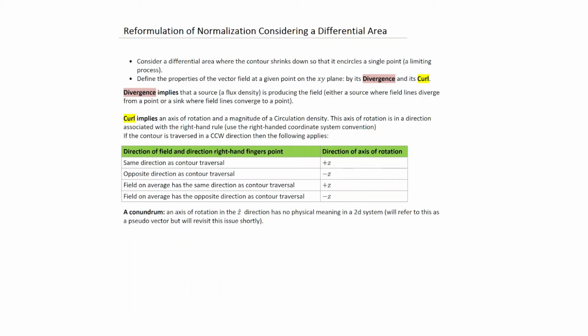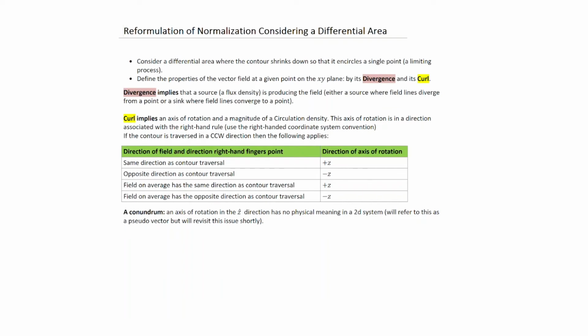On the other hand, if it's opposite to the contour traversal, then the axis of rotation is in the minus z direction. If the field on average has the same direction as the contour traversal, the axis of rotation is in the plus z direction. If the field on average has the opposite direction, the axis of rotation is in the minus z direction.